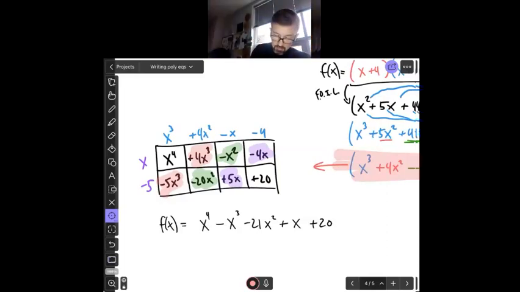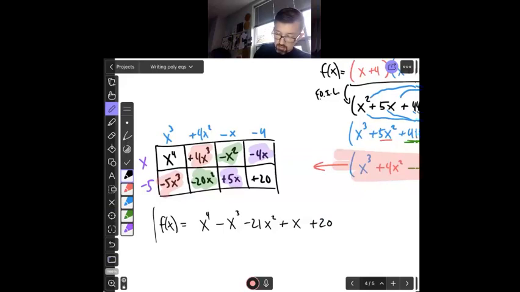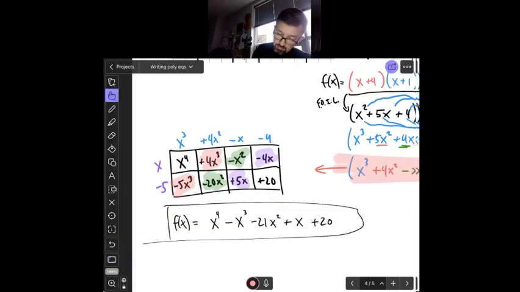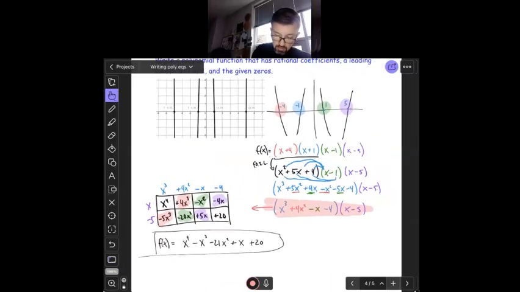Notice that the coefficient is 1, right? There's a 1 right there. We don't have any square roots of weird numbers anywhere here. I didn't do anything special to make that happen. It just happened on its own. So it still fits those little rules that it was asking us to fit without us having to worry about anything. So this function here would have those answers that we wanted. Notice how there were 4 answers.